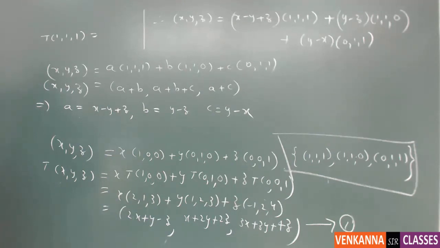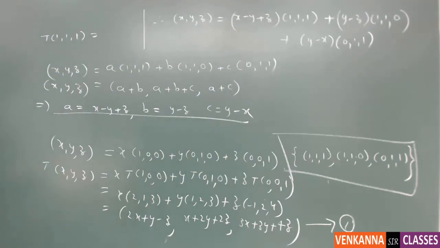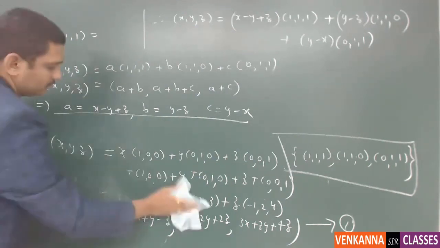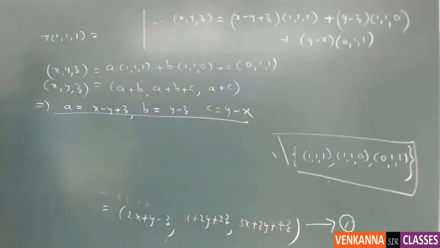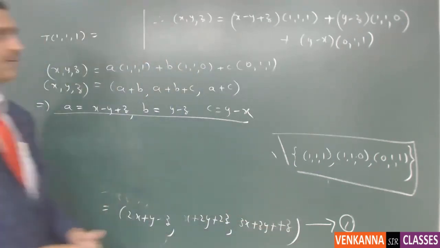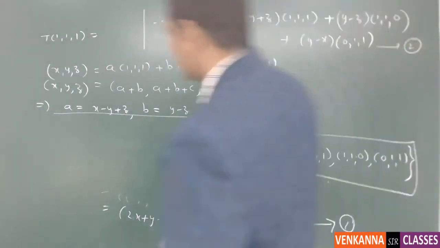Clear? Right? Now, I think these are the scalar values, and that is the linear combination. So, for that linear combination, I am giving number 2. Now I do the procedure.